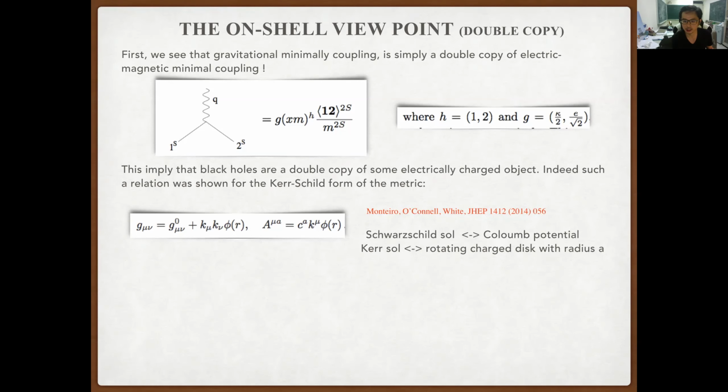So this relates the Schwarzschild solution to the Coulomb potential, and the Kerr solution to a rotating charged disk with the radius given by the spin vector. This non-perturbative relation is reflected perturbatively in this on-shell form in a very simple way, just by x going to x squared.